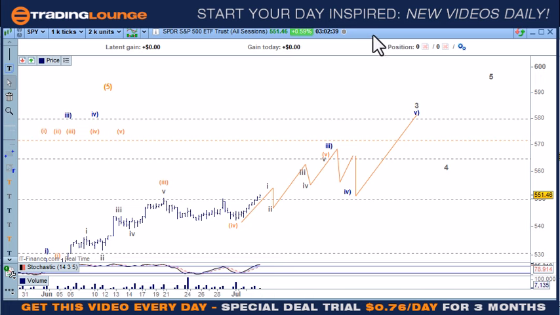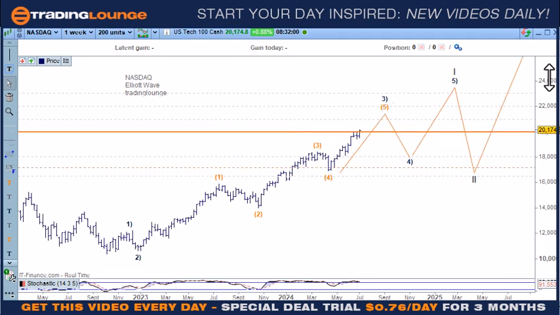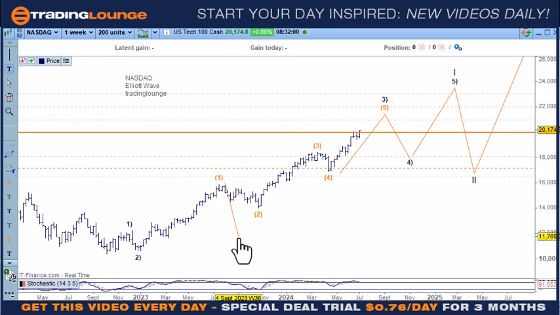So that's the SPY, and we come over to the NASDAQ, and the NASDAQ's a little bit of a tricky one here, because with the US markets, when it had this wave 2 here, we had one of the banking situations where this wave 2 came a lot lower back down here, and then moved up into this wave 3 here.